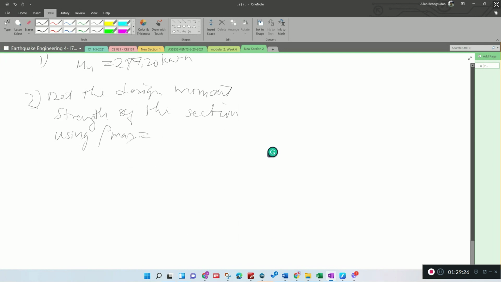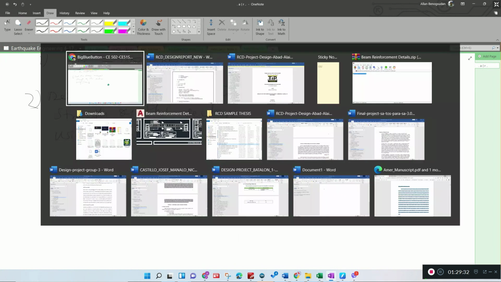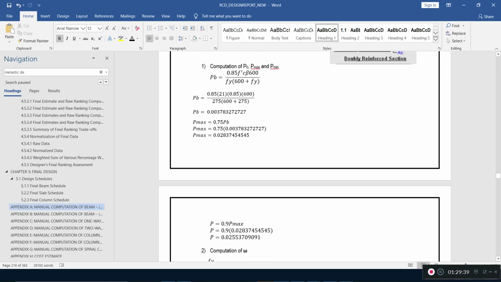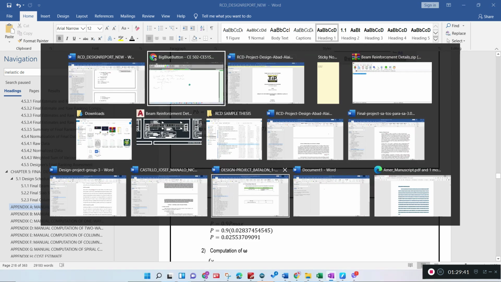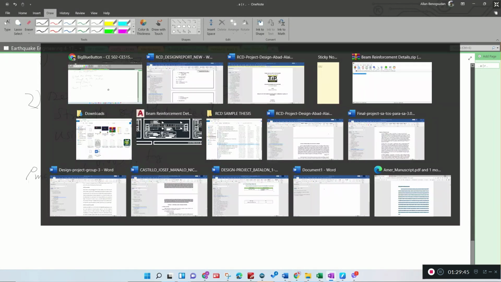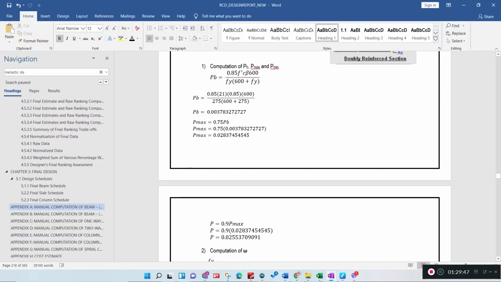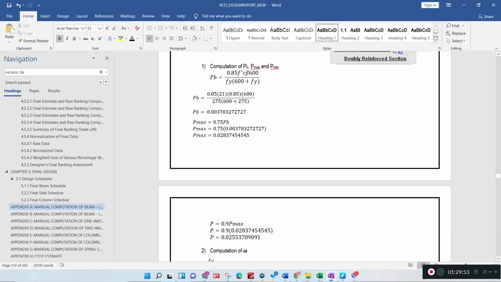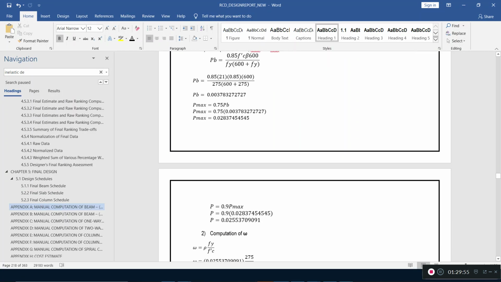So I think you know what is our rho balance, rho max, rho minimum. You know that, okay? So I think I have given this one to you, part of your handout. So it's equal to 0.003 plus Fy divided by Es, then 0.008, then multiply by the rho balance.